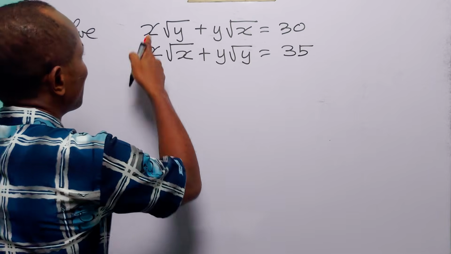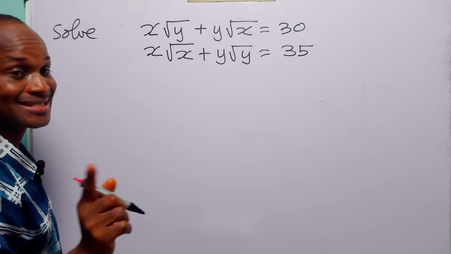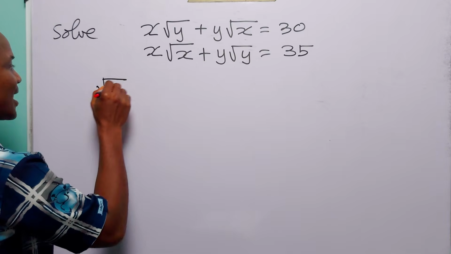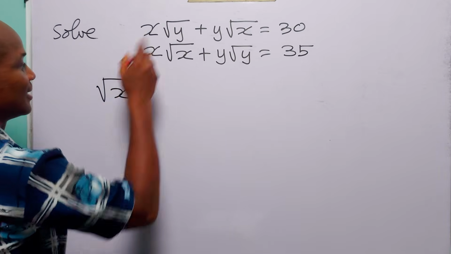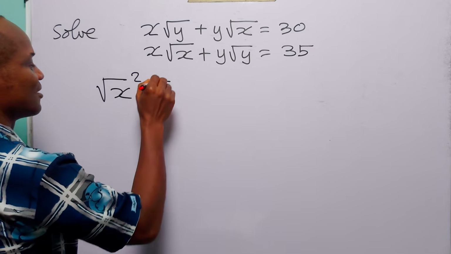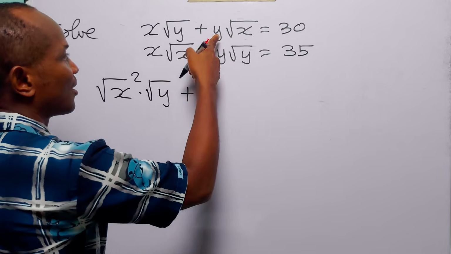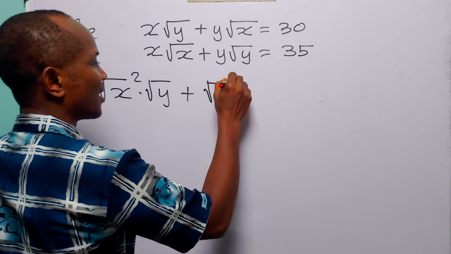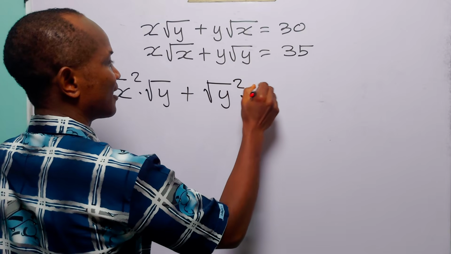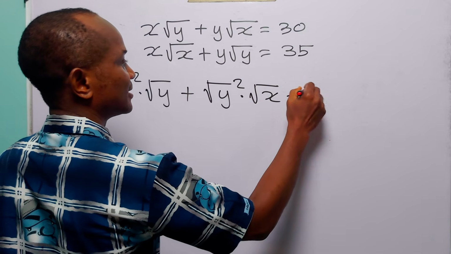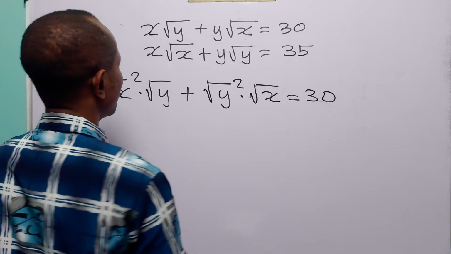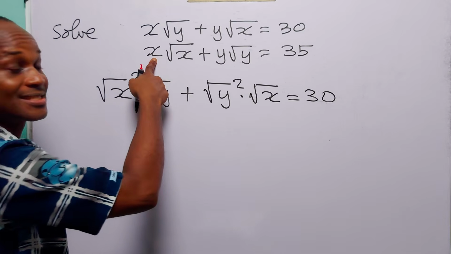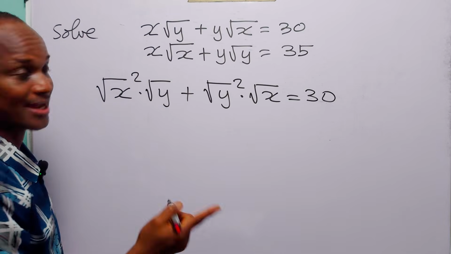Now, to solve this problem, let us start by expressing both equations in terms of root x and root y only. Of course, you know that x is the same as root x squared, then we have times root y. y can be written as root y squared, then we have root x, and this is equal to 30. x is root x squared.